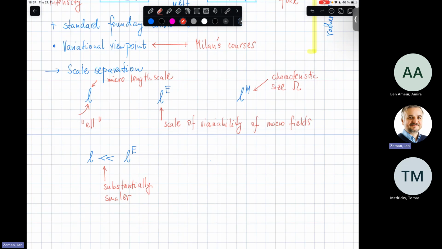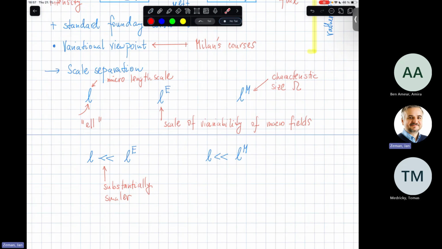And for that, I need also to have the inequality that this L, this characteristic microstructural size, is substantially smaller than Lm. And this says that my observation window is sufficiently large such that these apparent properties become really the material property.